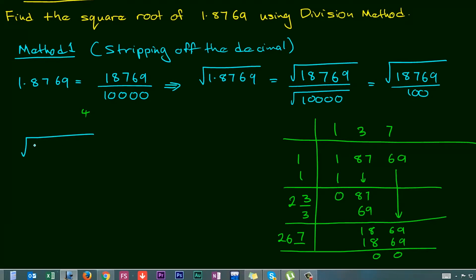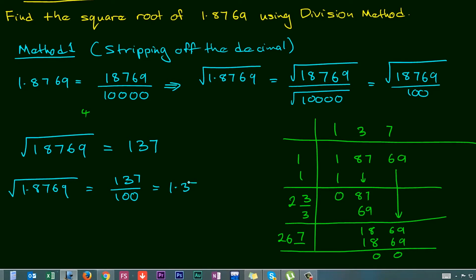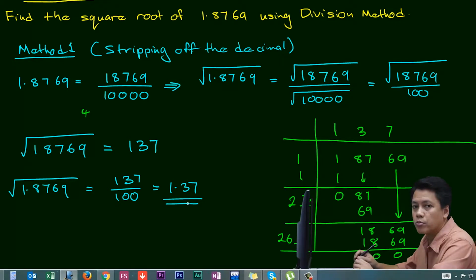So square root of 18,769 is equal to 137, which means that square root of 1.8769 is equal to 137 over 100, and that is equal to 1.37. So this is the answer. And this is according to method 1.